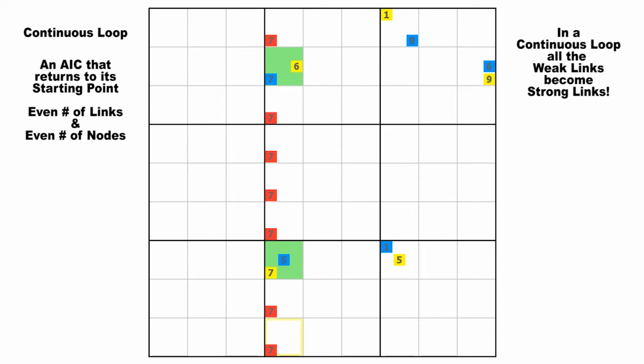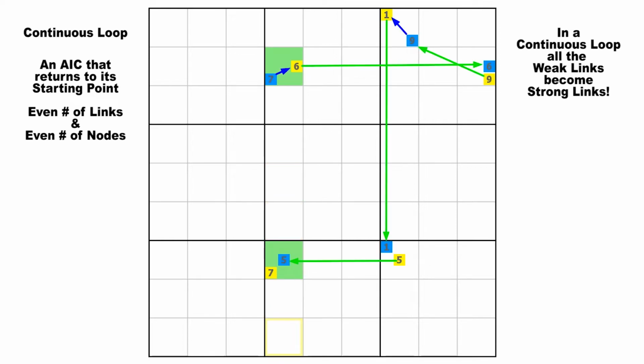Here, let me draw the chain one more time. All right, first let's get rid of these red 7s. All right, so here is the original chain, and if you notice, there is a weak link back to this first 7. Okay, so now that is a continuous loop.